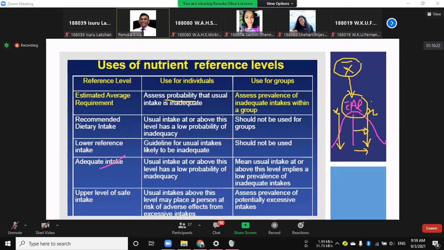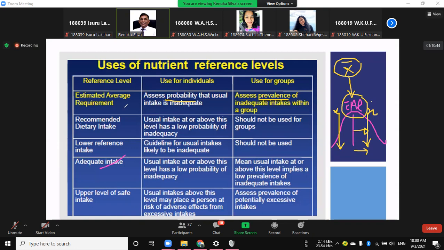Right? I can decide the prevalence of inadequate intake within a group. Prevalence. How many people eat more than EAR, or whether there's a higher prevalence of inadequate intake.